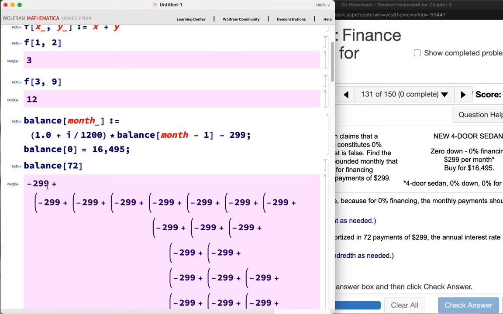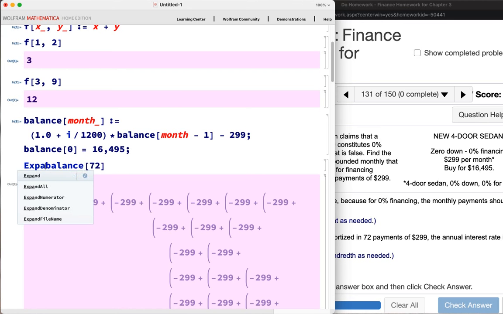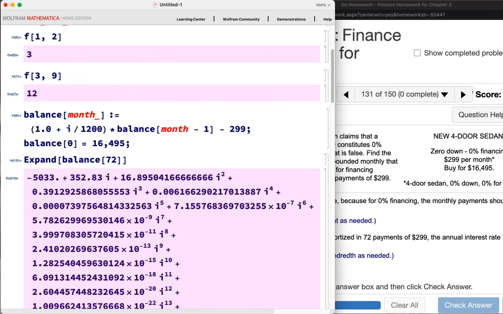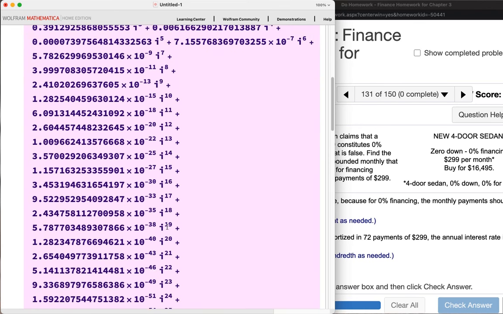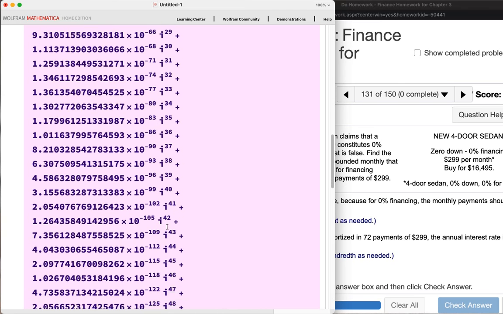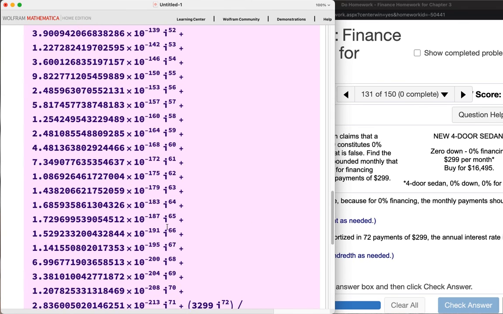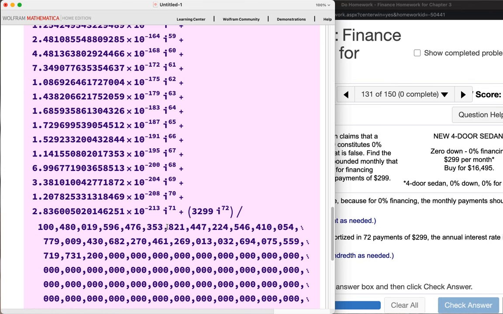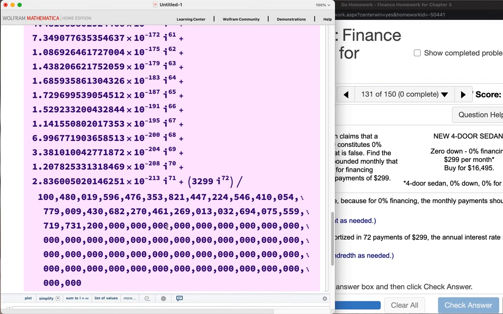So we need to expand it. Expand. Okay, this is a little better. It's still kind of messy and complicated, but now it's a little bit more simplified. And this is what I'm actually expecting.